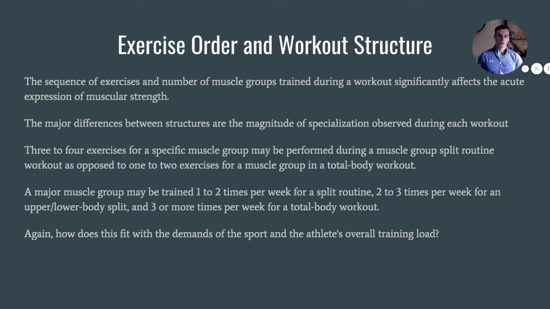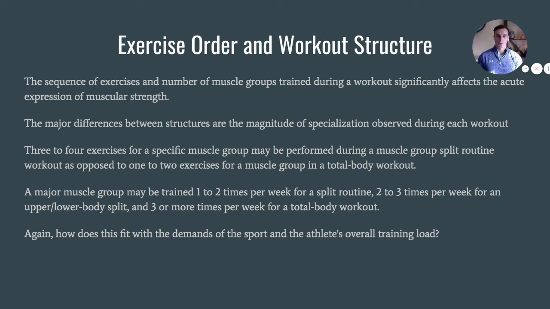The major differences between structures are the magnitude of specialization observed during each workout, all right? So 3 to 4 exercises for a specific muscle group may be performed during a muscle group split routine, as opposed to 1 to 2 exercises for a muscle group in a total body workout. So that's what we're comparing here, okay? Whether we're going to do full body workouts or focused muscle group workouts, all right?